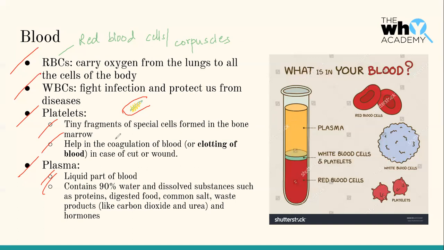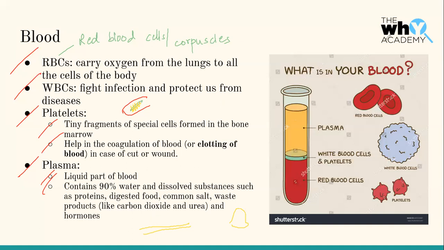The platelets help in performing clotting of blood. Clotting and coagulation mean the same thing. Coagulation basically means formation of a clump-like thing. A classic example of coagulation is milk.